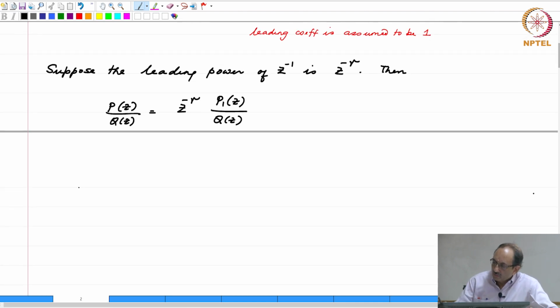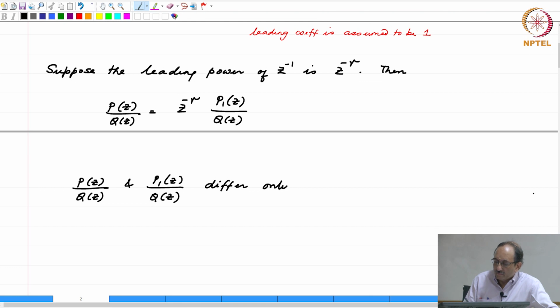And now P of z by Q of z, which was the original Z transform, and P1 of z by Q of z, where P1 of z is obtained by factoring out the first non-zero power of z, z to the minus R. So, when you consider the inverse Z transform, these differ only by what?